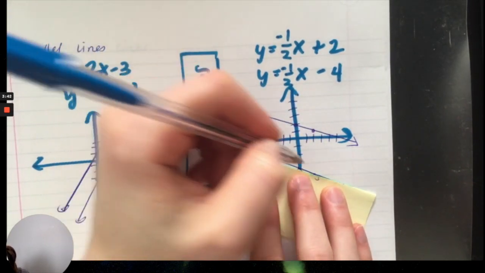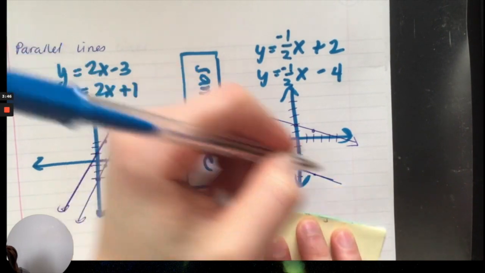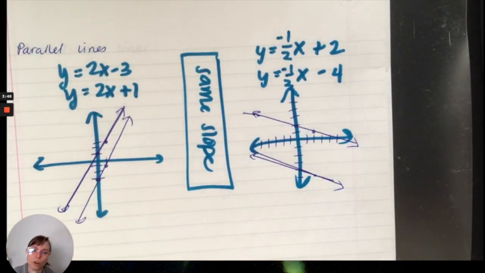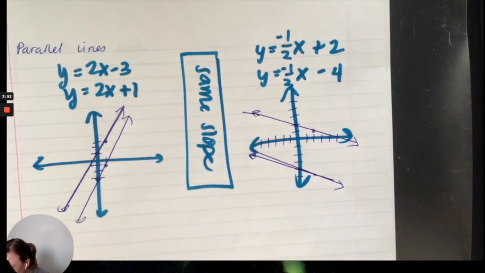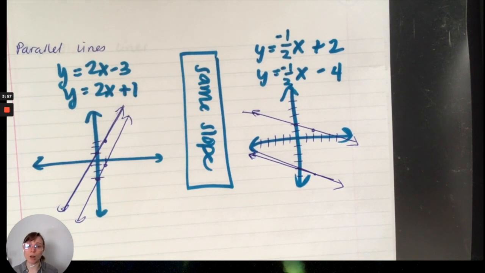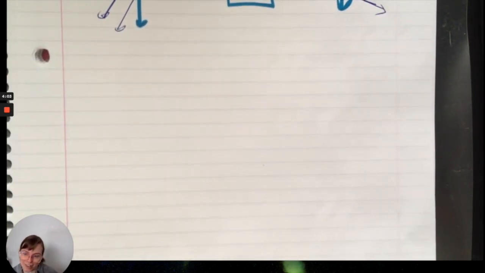I'm still off a little. That's better. So it does depend on how you go through a line, go through a point. Because I went through the same point, but it might be better if you do more points. That way you know it's more accurate. But they should be parallel because they are the same slope. Yay! And if you have graph paper, which you will have on a test, then you'll be fine.